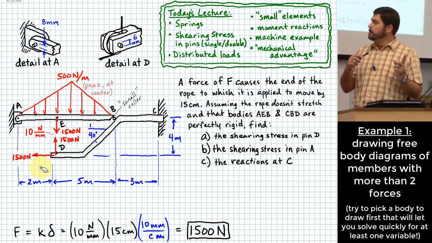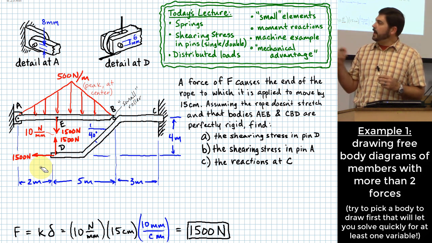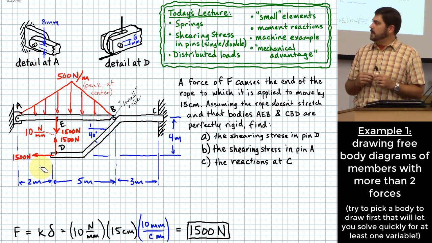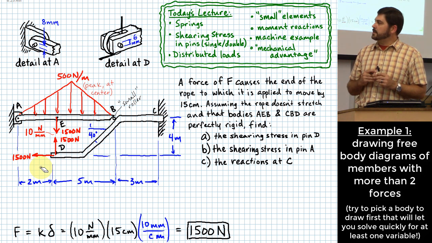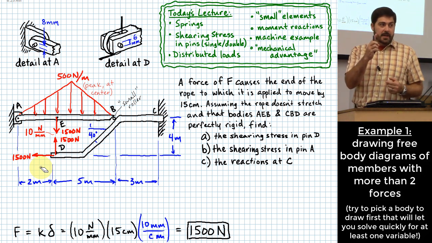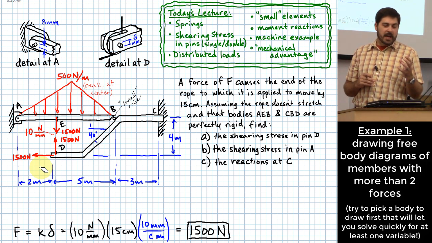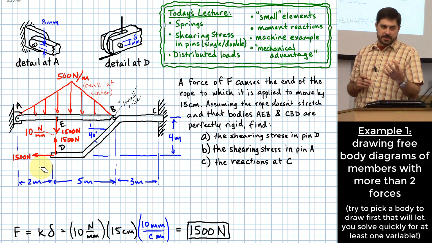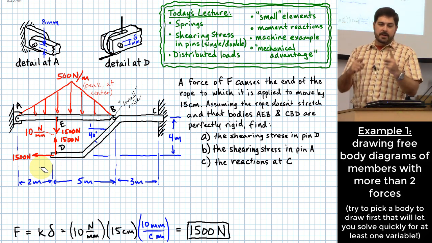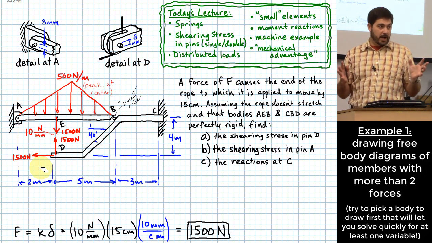And I think I heard a couple people over here murmuring B, right? If you look at body AEB, what you'll see there is that there will be two things I end up drawing on my free body diagram that are unknowns at A. There will be one thing that's an unknown on the free body diagram that I draw at B. And there's a really nice type of equation we can use, a moment equation, where you pick a point to sum moments around, and it can eliminate two forces that have intersecting lines of action, right?